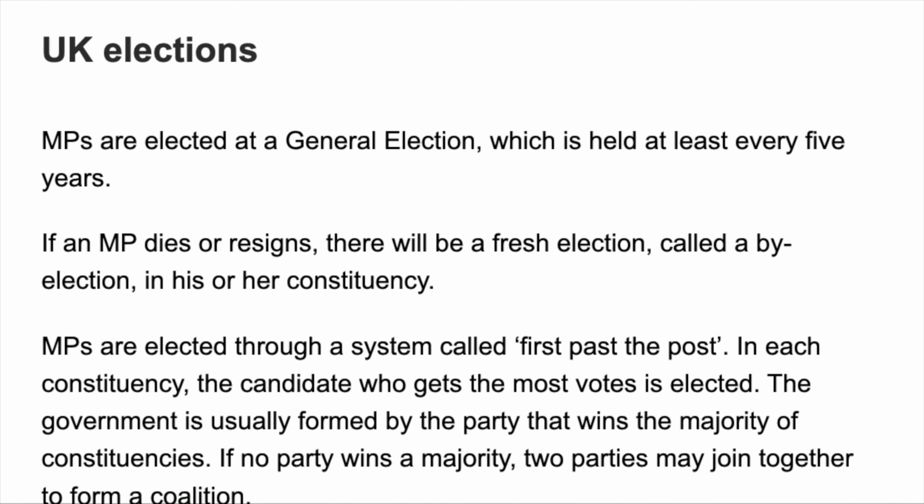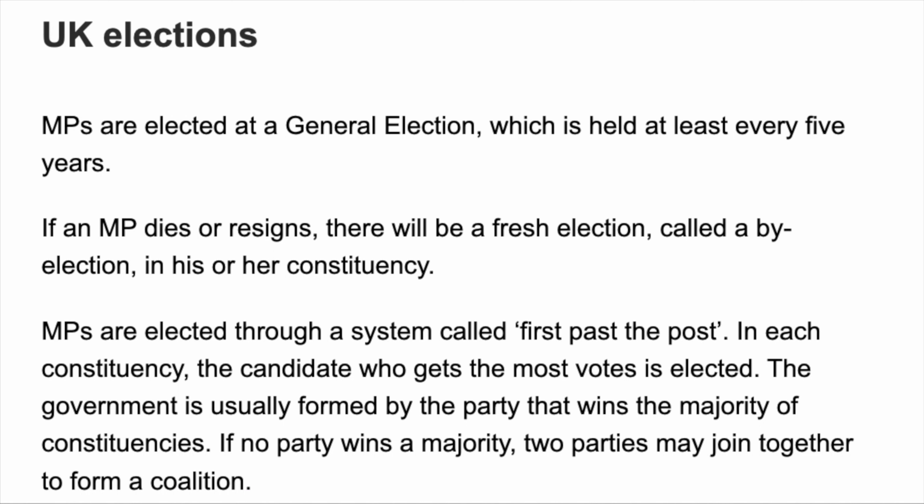Elections. The UK elections. MPs are elected at a general election, which is held at least every 5 years. If an MP dies or resigns, there will be a fresh election called a by-election in his or her constituency. MPs are elected through a system called first past the post.